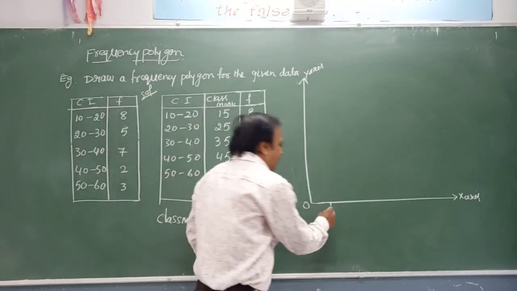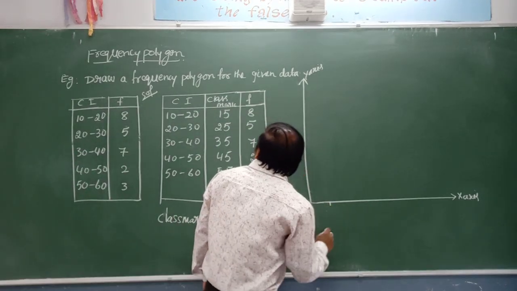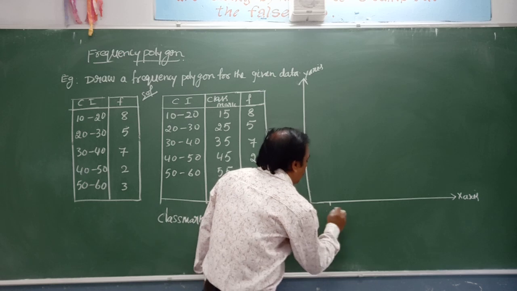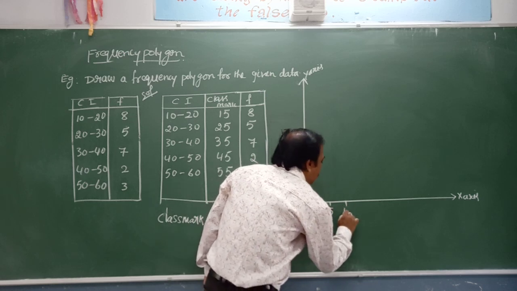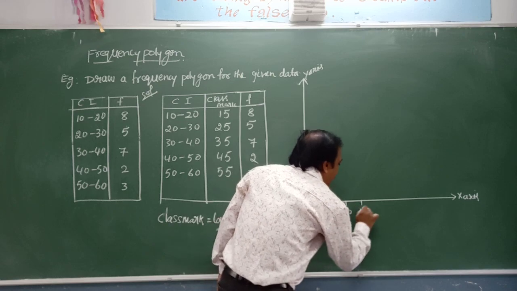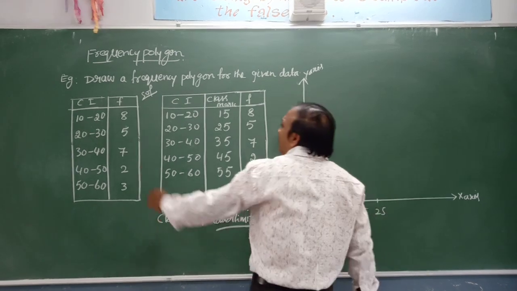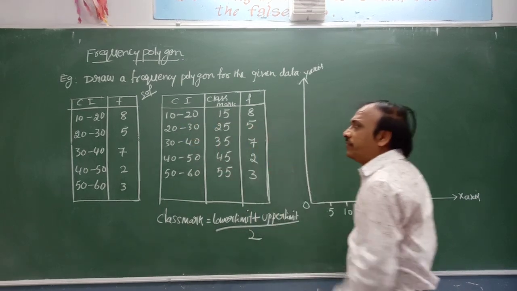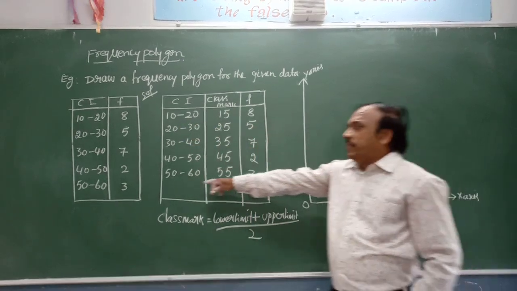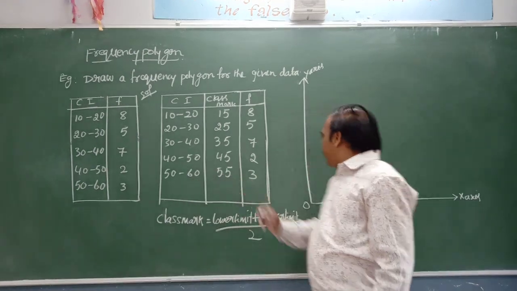Here 10, this is 5, next 10, next 15, 25. 10 plus 20, how much? 30. 30 divided by 2 is 15. 50 plus 60 is 110, divided by 2 is 55.